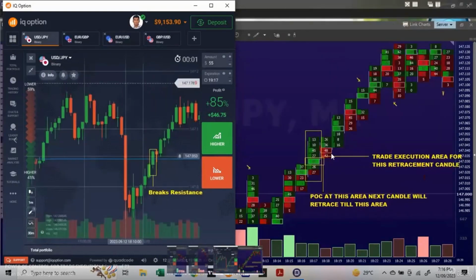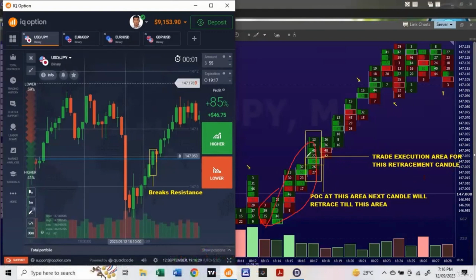Yes. In the uptrend market, this one, exactly, got rejected from here and then went up. So try to understand here, when the market is in an uptrend, that means buyers are powerful, and this POC point is a very strong point here by the buyer side.